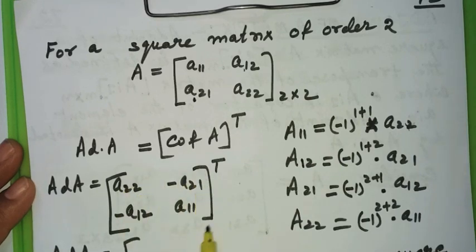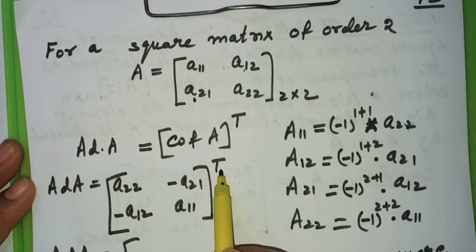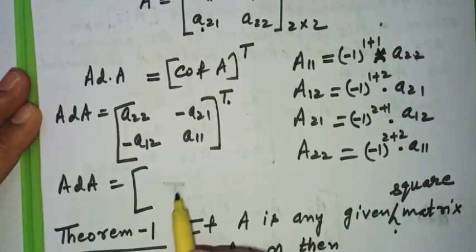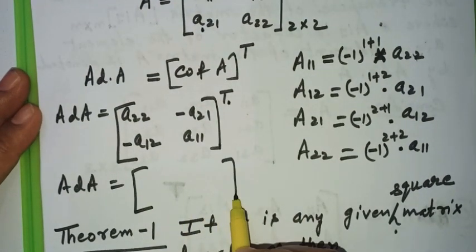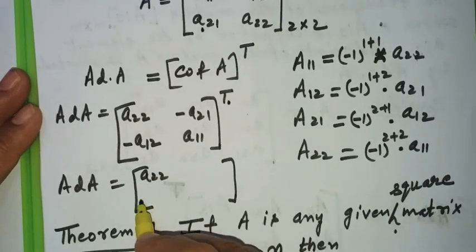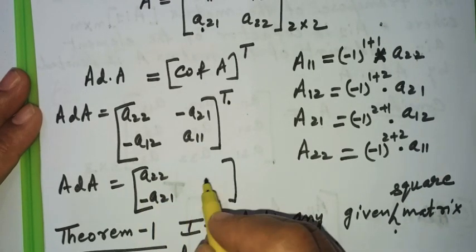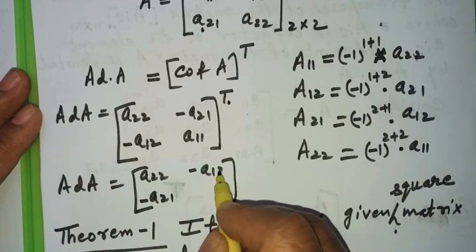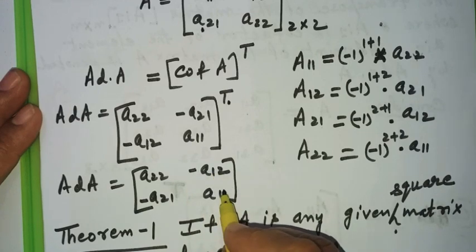Now I have to take the transpose to find the adjoint. So I read the row A22, minus A21 and write it in a column, and minus A12 and plus A11.